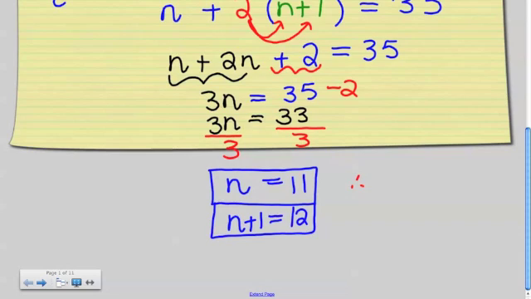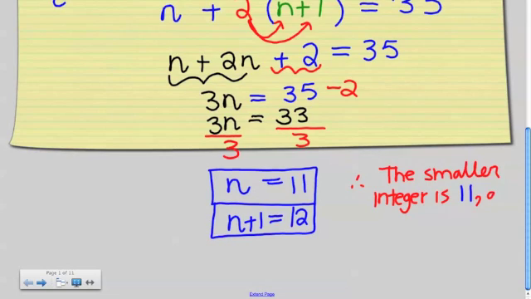okay? So for this particular problem, the smaller integer is 11. And the larger integer is 12.